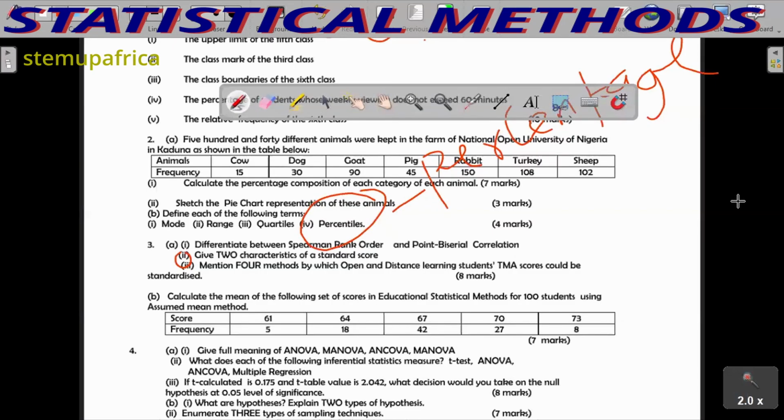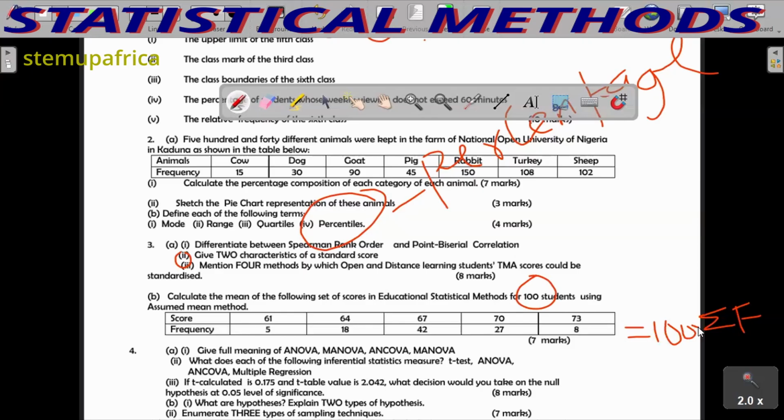Question 3B says, calculate the mean of the following set of scores in educational statistics for 100 students using the assumed mean method. Like I said, if you add 5, 18, 42, 27, and 8 together, it will give you this 100 you have here, which represents your summation F, or total frequency.